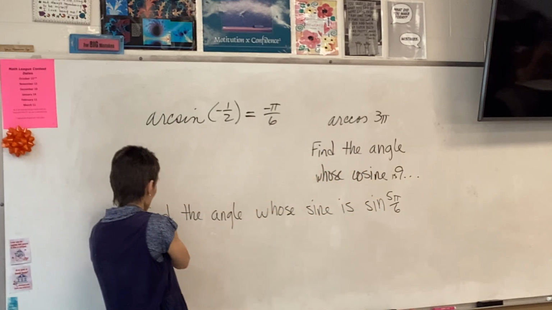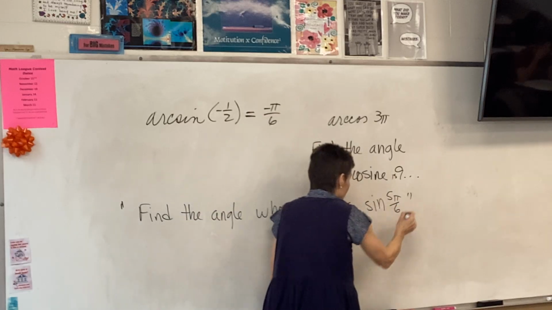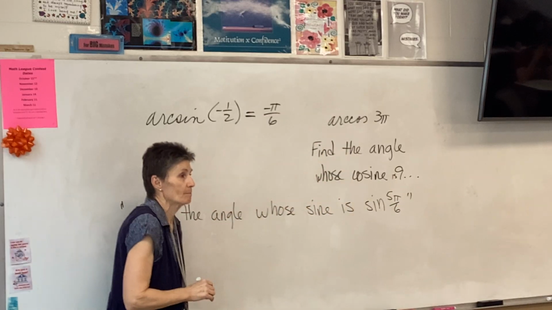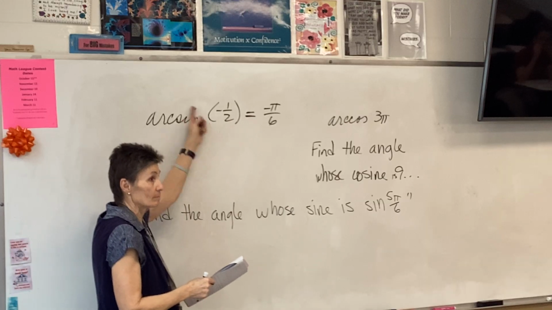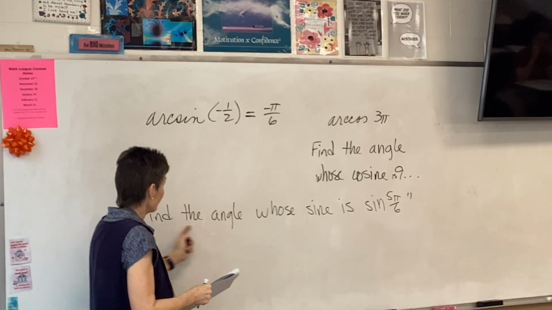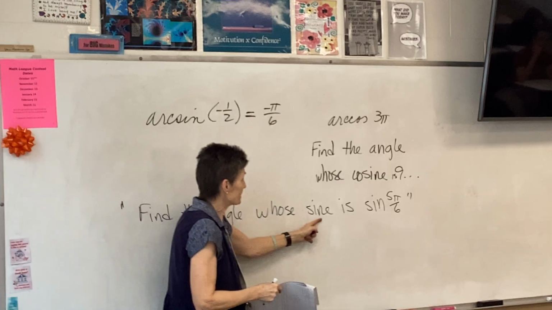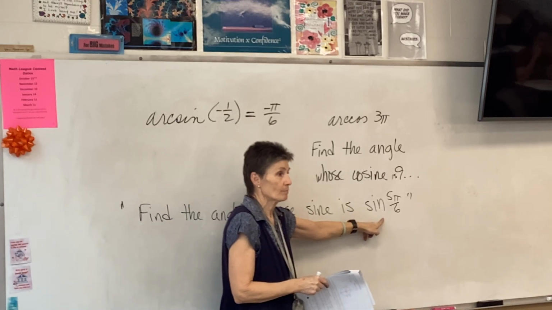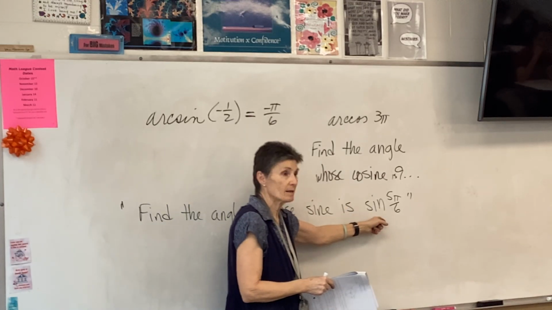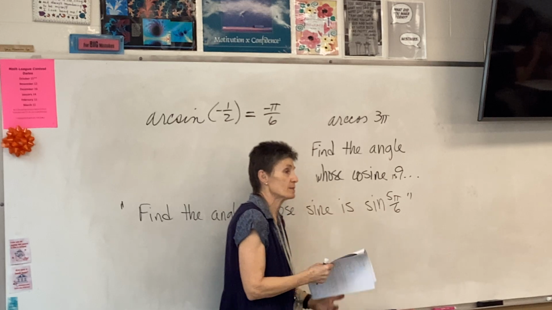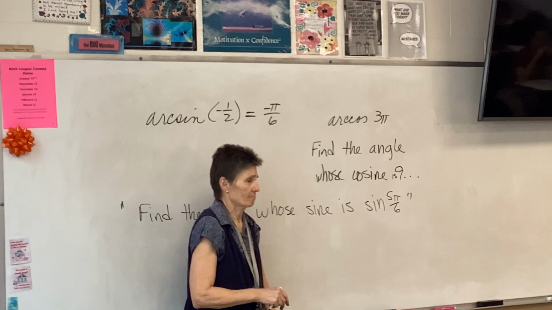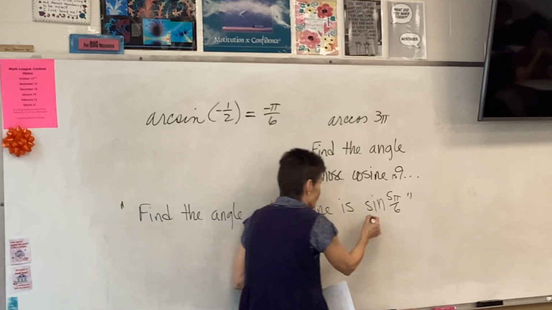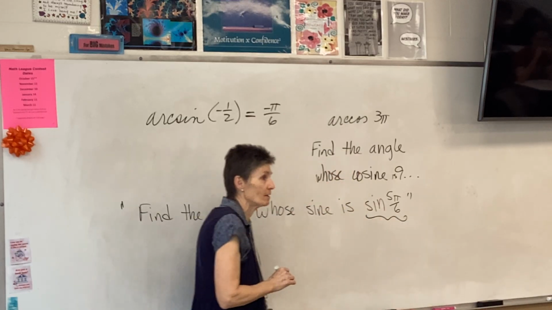That's in words, that's what problem 2A says. This notation means find the angle. So we are gonna find the angle whose sine is that number. Okay, well what's the sine of 5 pi over 6?